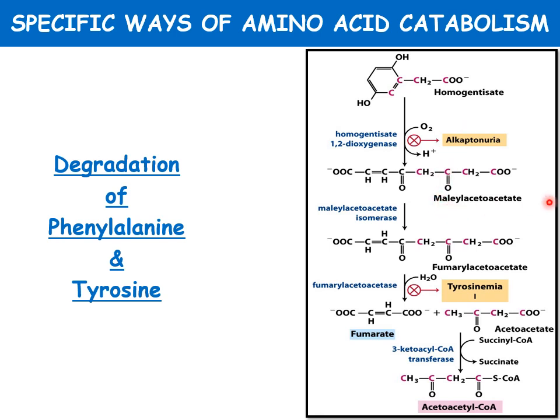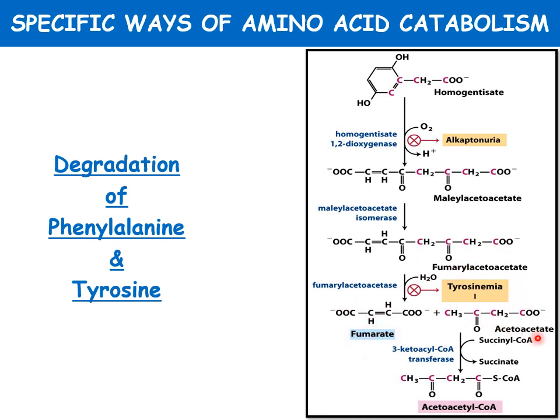This maleylacetoacetate isomerizes to fumarylacetoacetate. That will be the conversion of maleylacetoacetate with the help of isomerase enzyme to fumarylacetoacetate. And then an enzyme splits this fumarylacetoacetate to fumarate and acetoacetate.